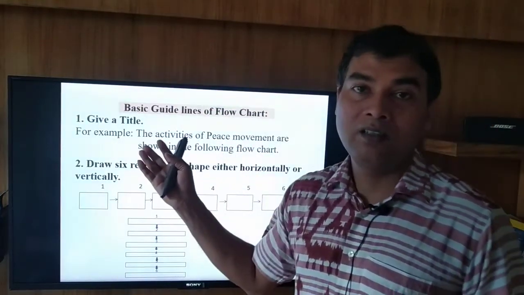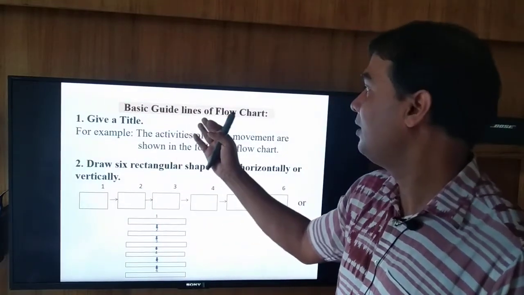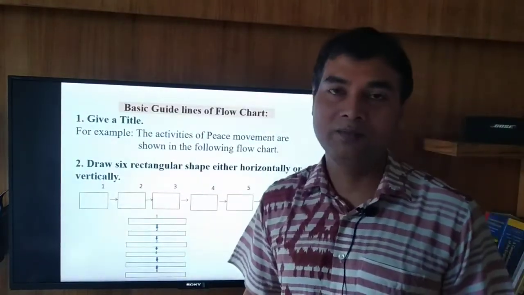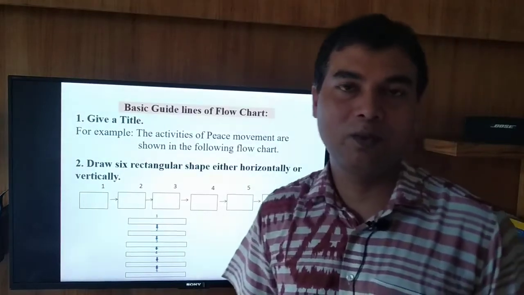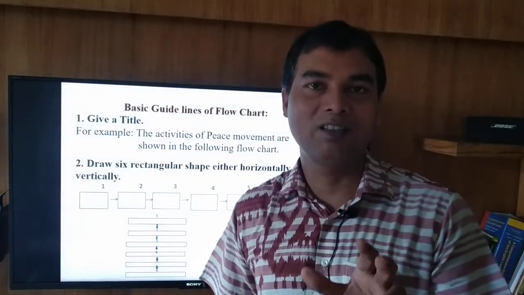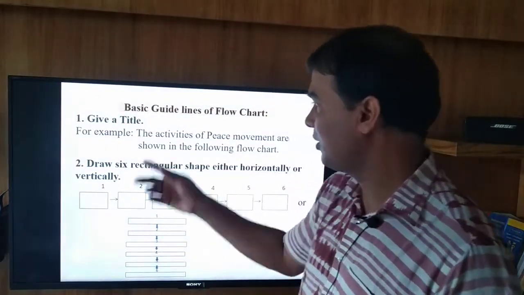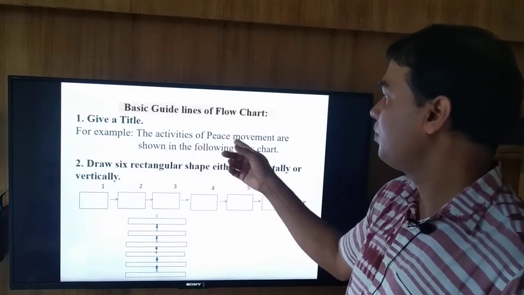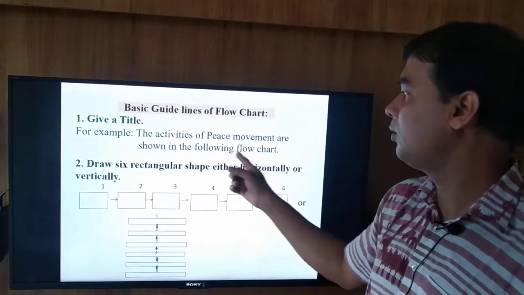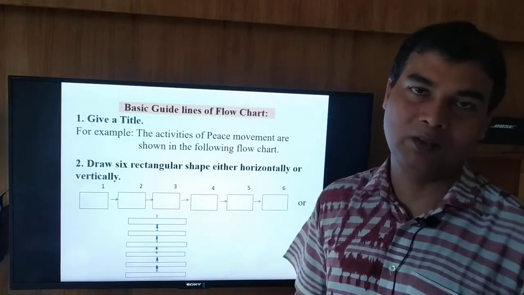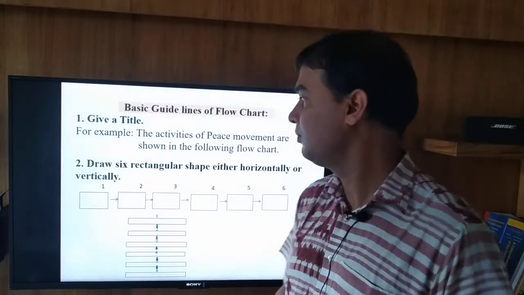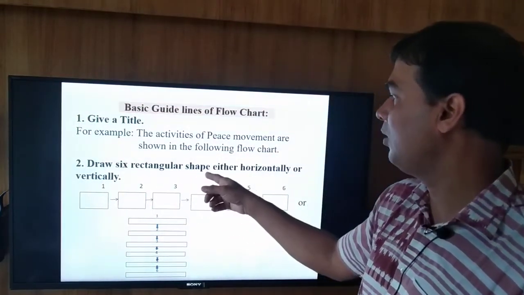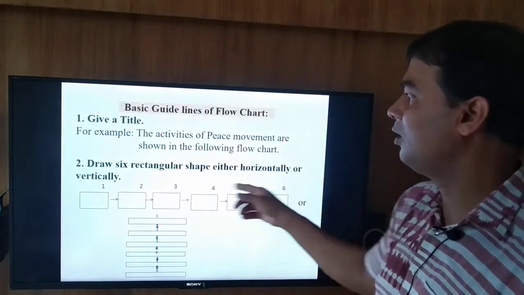Now I shall discuss the basic guidelines of flowchart. Okay, number 1, first of all you should give a title. How? For example, the activities of the peace movement are shown in the following flowchart. Okay. Second one, draw 6 rectangular shapes either horizontally or vertically.